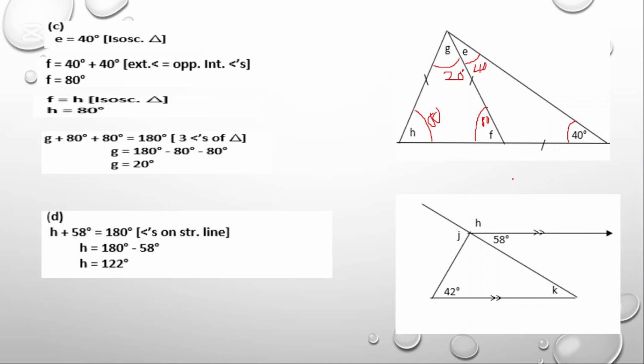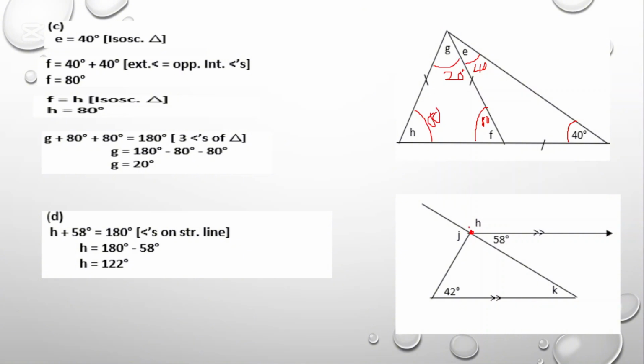Next one, D. Here we have 2 parallel lines. Right, let's start. That line is parallel to this line. So you know immediately you can make use of corresponding angles, alternate angles, or co-interior angles. But we can see here with H, we have a straight line there, common vertex.